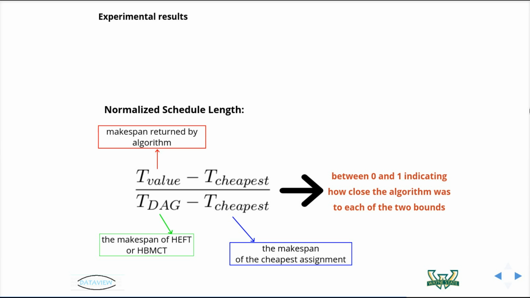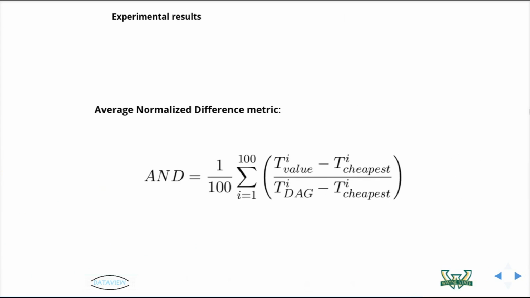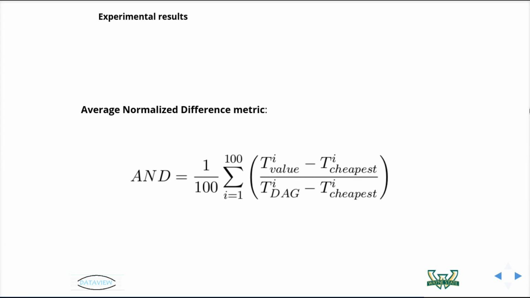The cheapest assignment is expected to be the worst, and t DAG is expected to be the shortest. Therefore, we expect to have a result between 0 and 1, which indicates how close the algorithm was to each of the two bounds.